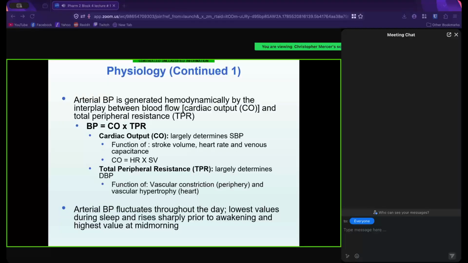An important note there at the bottom: our blood pressure fluctuates throughout the day, right? It doesn't stay static. A blood pressure early in the morning versus late at night could be different, so it matters clinically. That's why we have people keep blood pressure logs. We may say, take it in the morning, at lunch, and in the evening to see the trend of where this individual patient's blood pressure is fluctuating, and at what time of day.